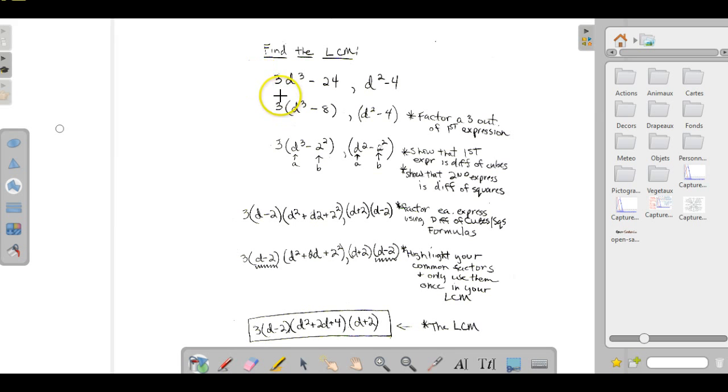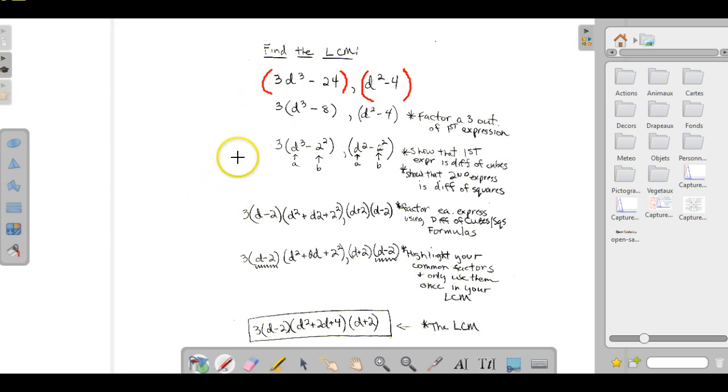So these were your two expressions, and find the least common multiple.